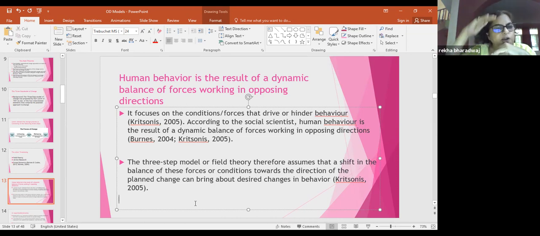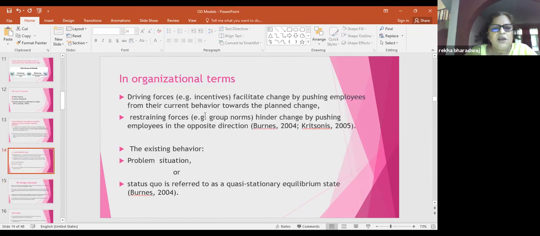So when we reduce the factors which are causing resistance to the change and increase the factors which help us to change, then change will happen. The driving forces, that is incentives, facilitate change by pushing employees from their current behavior towards the planned change.